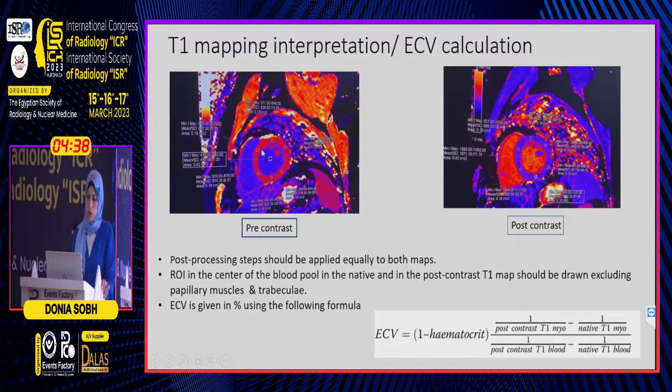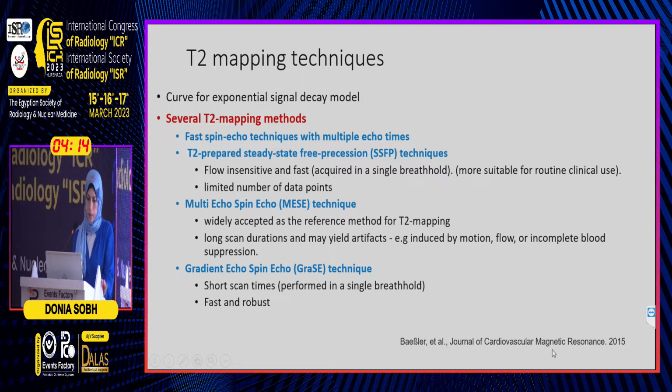We can draw different ROIs and average them to get the mean value. We also need to draw another ROI at the blood pool. Actually, the ROI needs to be a bit bigger. We draw the same thing in the post-contrast images. We can do this at basal, mid, and apical levels, and at the end, we use the equation to get the ECV.